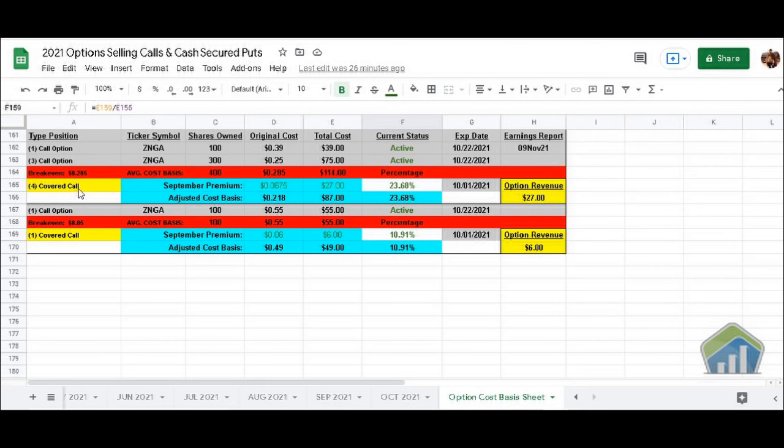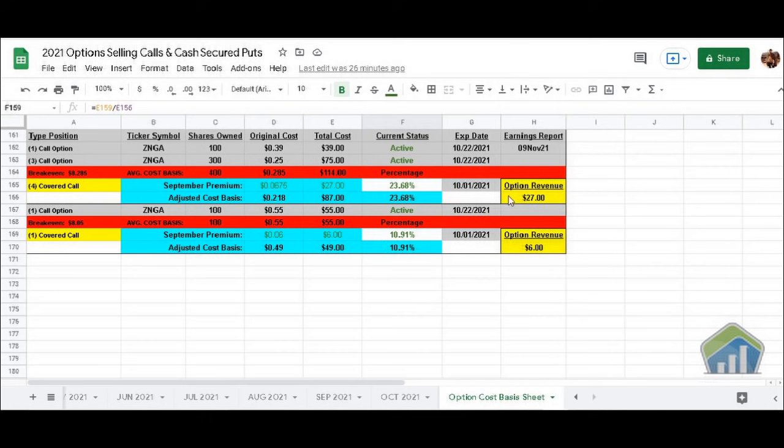But remember, we did 4 covered call option contracts just over here. And when we minus out the 6 cents or 675, we come out with an average cost basis of 21.8 or 0.218. When we take that and put it over here to 285, that's now going to be an average of 8.218, or basically $8.22.